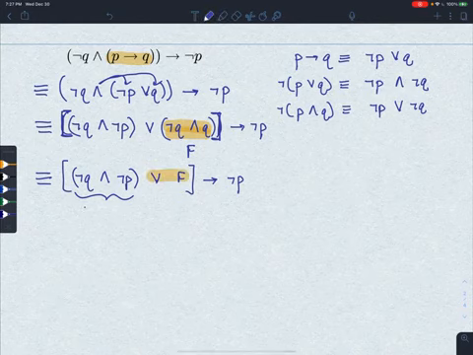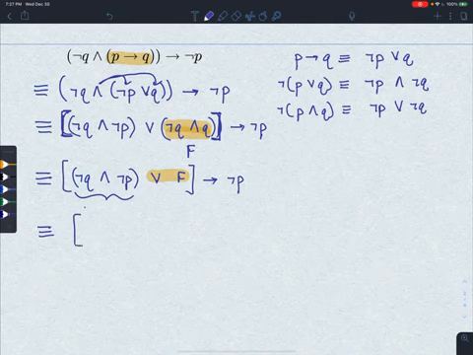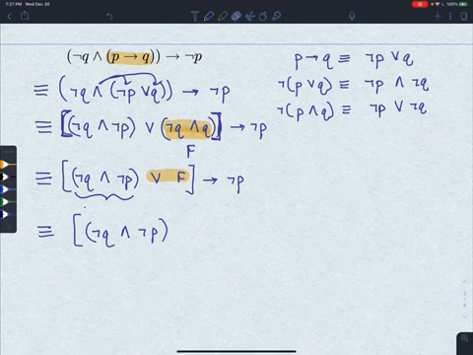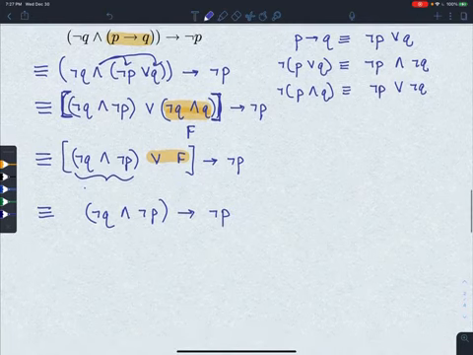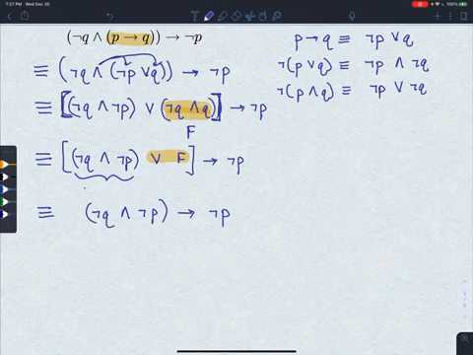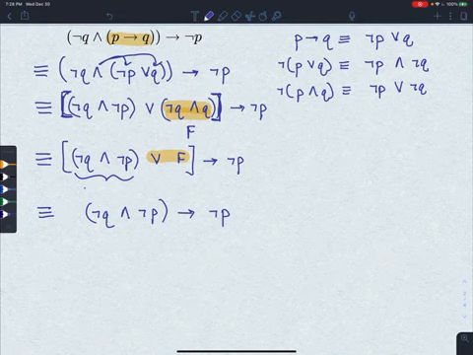So now we're down to negation Q and negation P, implies negation P. The bracket is now overkill because we've gotten it down to just that. So this is much simpler again. Now I have a conditional. It's just that the left-hand side of the conditional is a little more complicated.